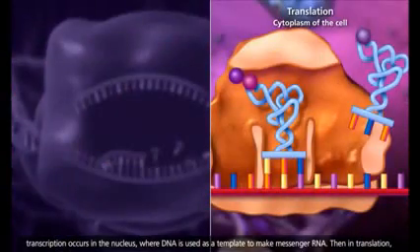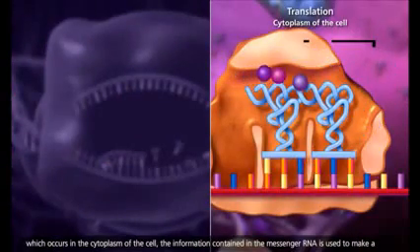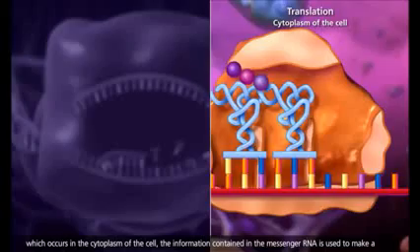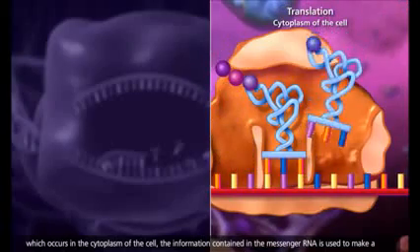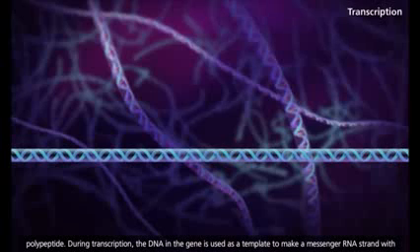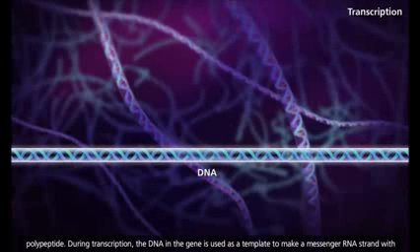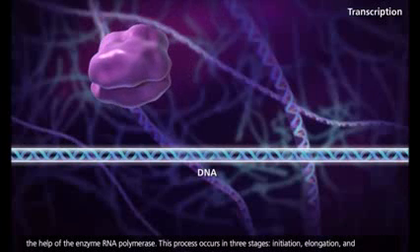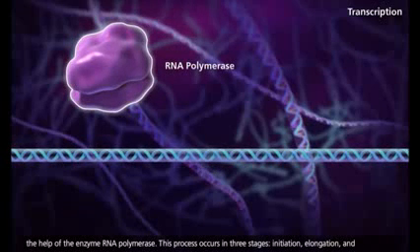Then in translation, which occurs in the cytoplasm of the cell, the information contained in the messenger RNA is used to make a polypeptide.